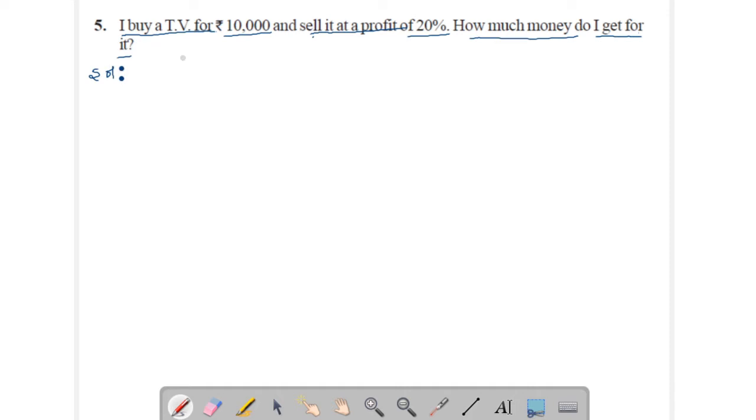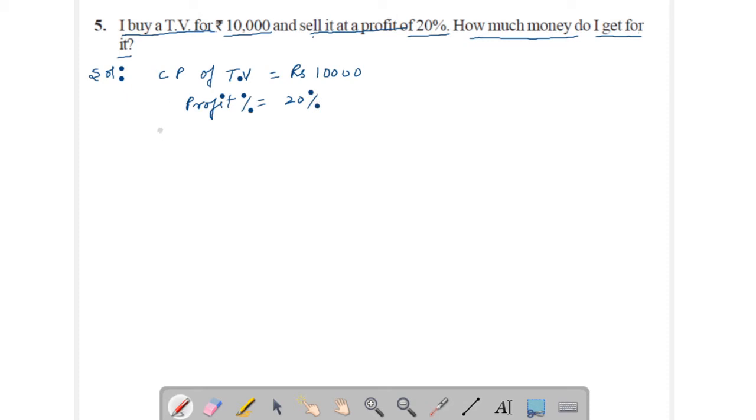Yes, CP of TV is equal to rupees 10,000. Profit percent is equal to 20%.